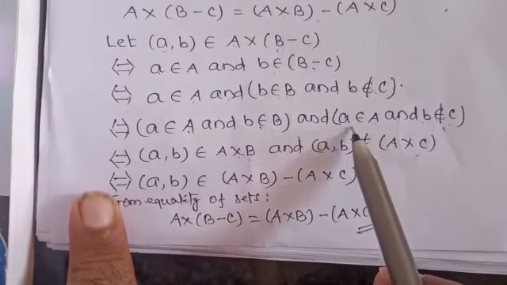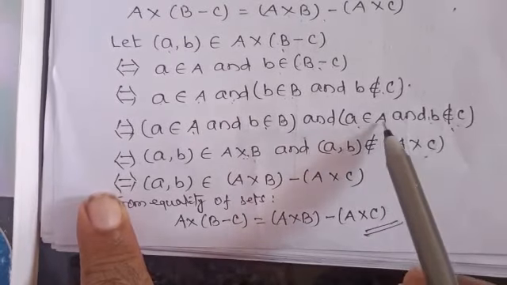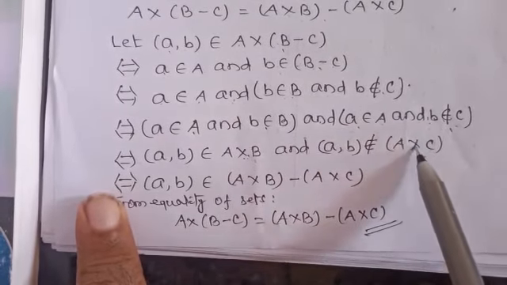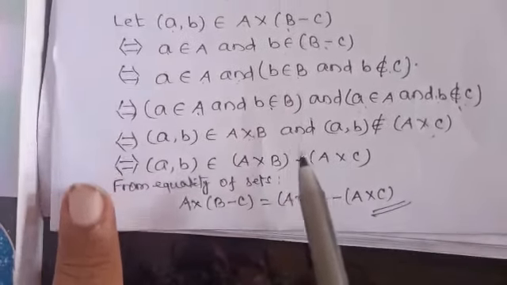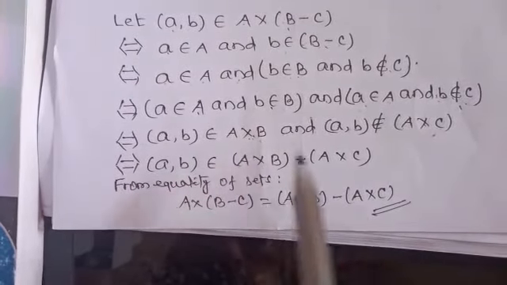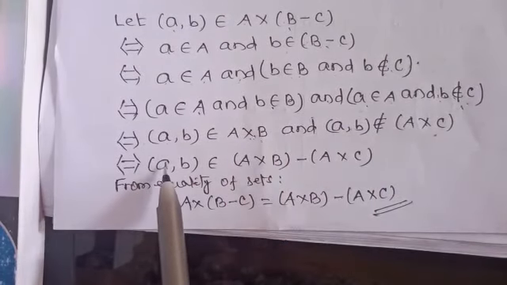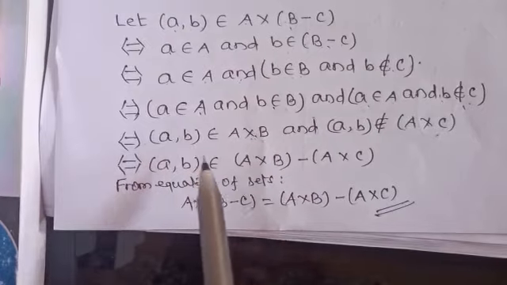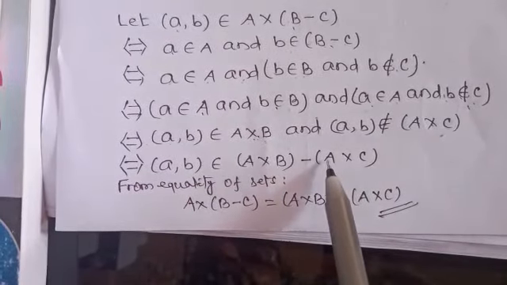Similarly, (a, b) does not belong to A cross C. Now here we see that (a, b) belongs to A cross B and (a, b) does not belong to A cross C. So this implies (a, b) belongs to (A cross B) minus (A cross C).